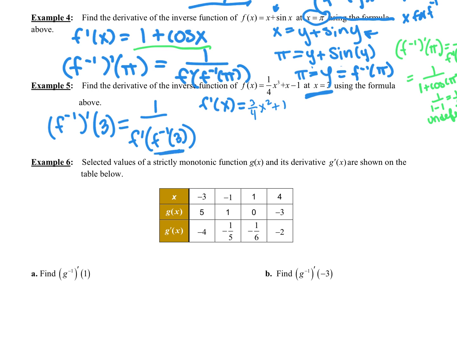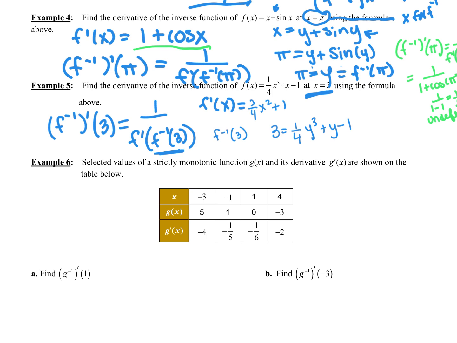So to find f inverse at 3, we're going to take 3, and remember that is the x value for the inverse, so it's the y value for f of x, right? So we're going to switch the x and y values to get our inverse. So we'll have 3 in for the y value, 3 in for the x value.